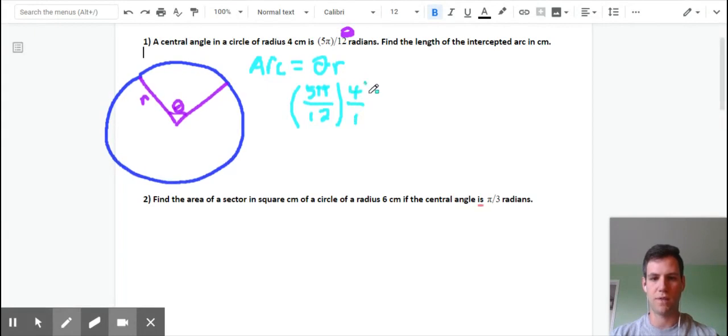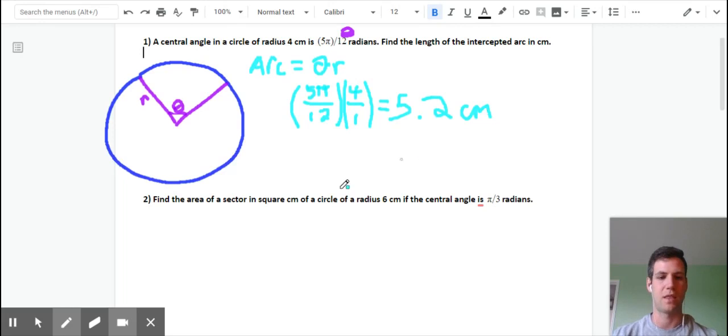And we could simplify this first if we wanted, but we can kind of go right to a calculator since we're looking for it in centimeters and not in terms of pi. So if you were to put this right into your calculator, we would find out that the arc length is about 5.2 centimeters rounded to the nearest tenth of a centimeter.